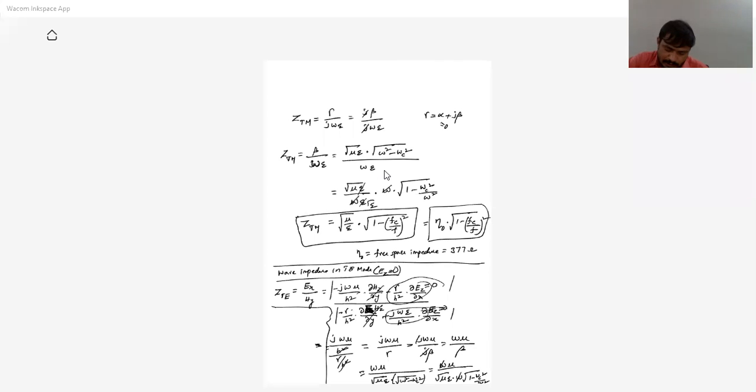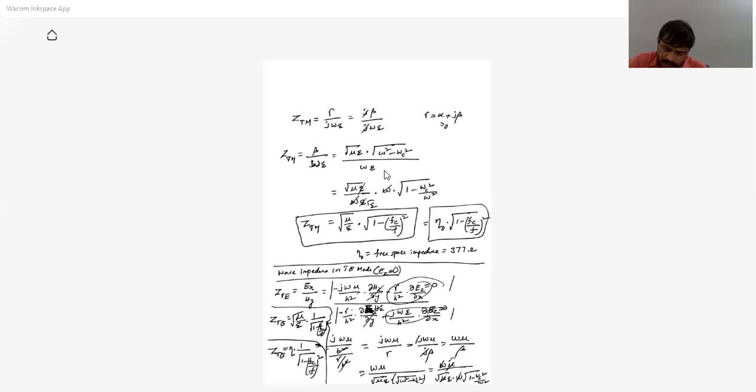So you can write ZTE is equal to root mu by epsilon into 1 by root 1 minus fc by f whole square. So ZTE is equal to eta into 1 by root 1 minus fc by f whole square.